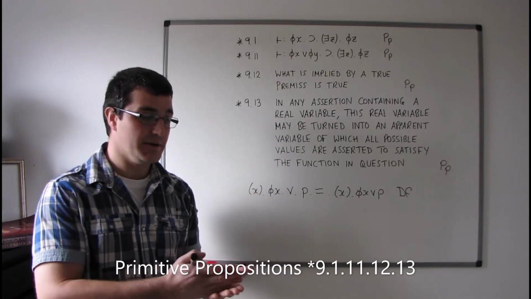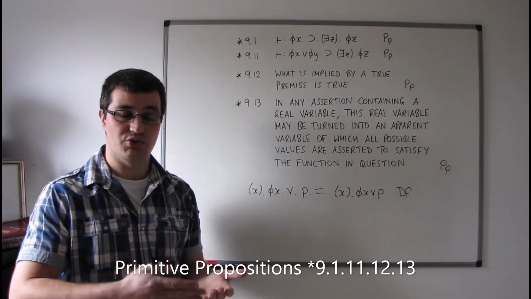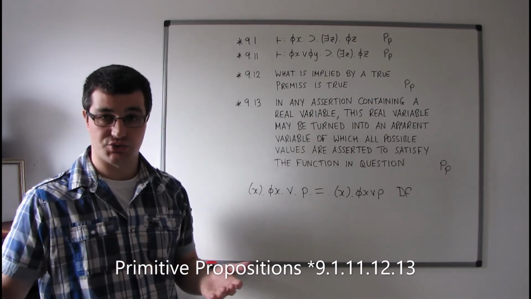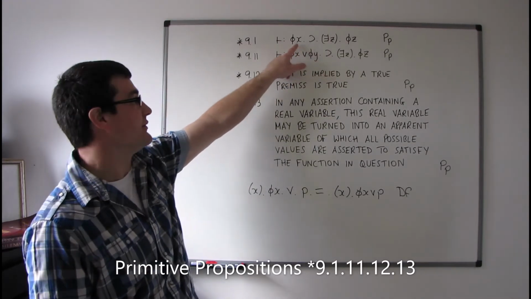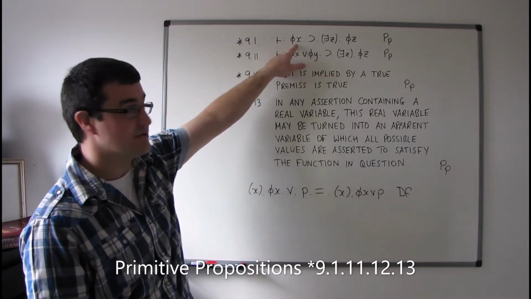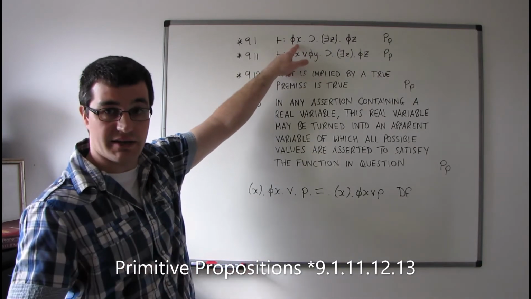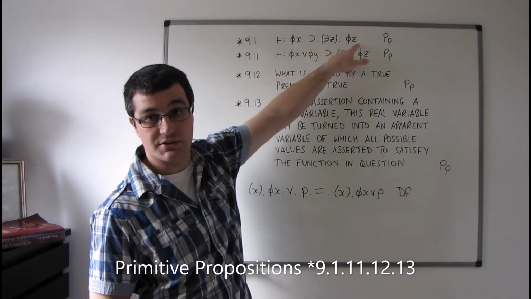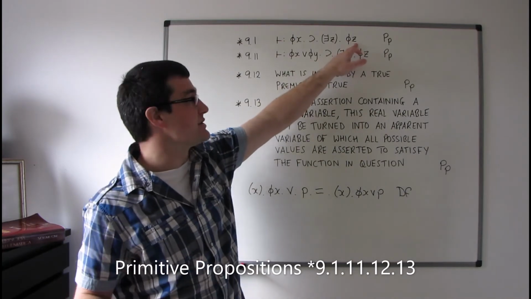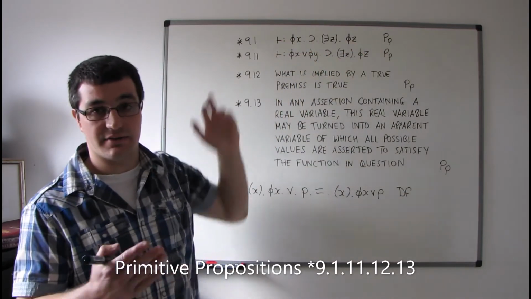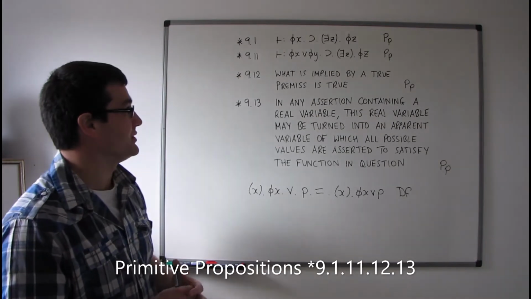So anything implied by a true elementary proposition is true. Well, these are implied by elementary propositions, therefore if this elementary proposition is true, then I can assert the consequence. So it doesn't matter what the nature of the thesis or the consequence is, provided that the hypothesis is an elementary proposition.